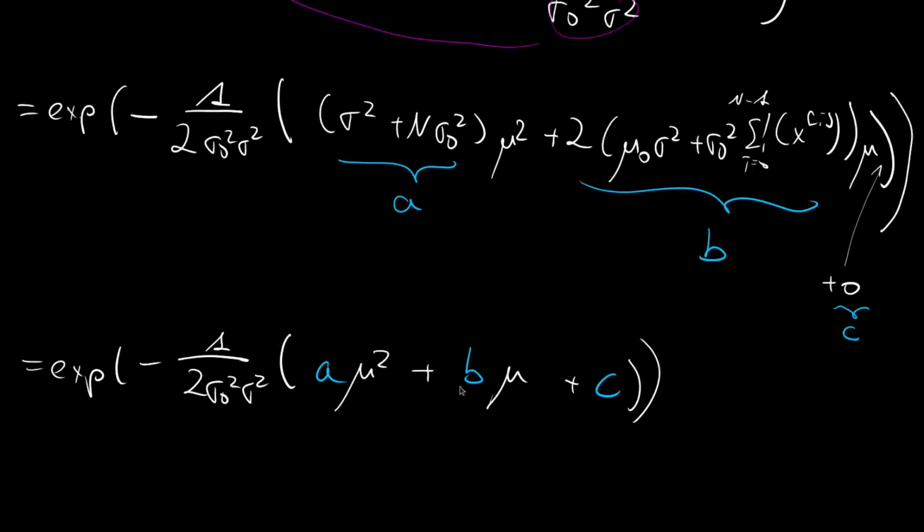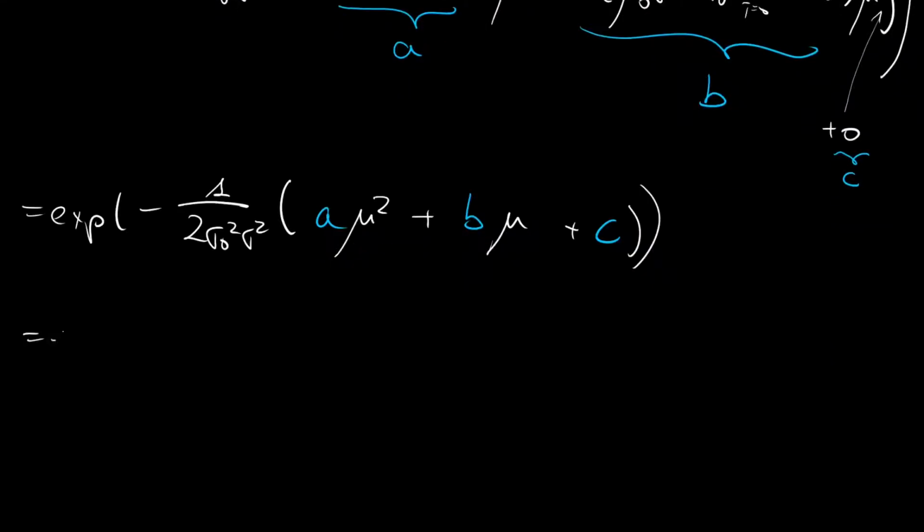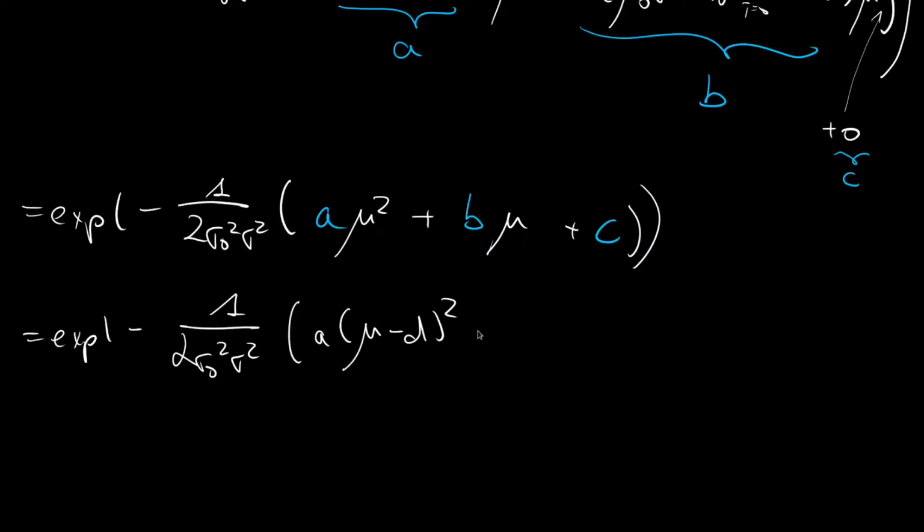And we use this format of a quadratic equation in order to bring this into standard form, which is given as the exponential of minus 1 over 2 sigma 0 squared of opening brackets a times in brackets mu minus d squared plus an e, and then closing brackets for this one and for the exponential.